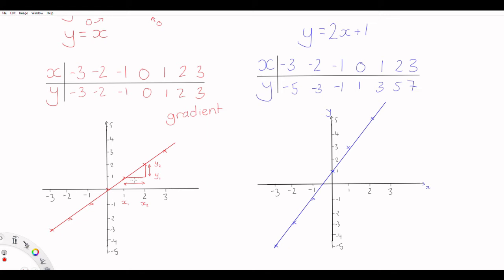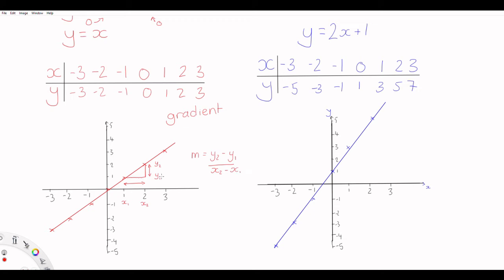Now here we can visually see that for every 1 in the x direction that it crosses, it's gone up 1 in the y direction. But mathematically we could say that the gradient, which is going to equal m, is equal to the difference in y over the difference in x.